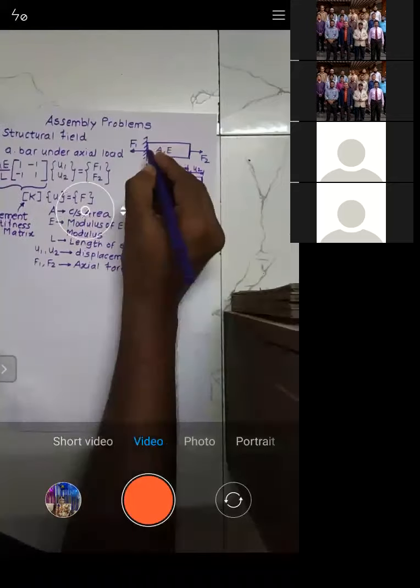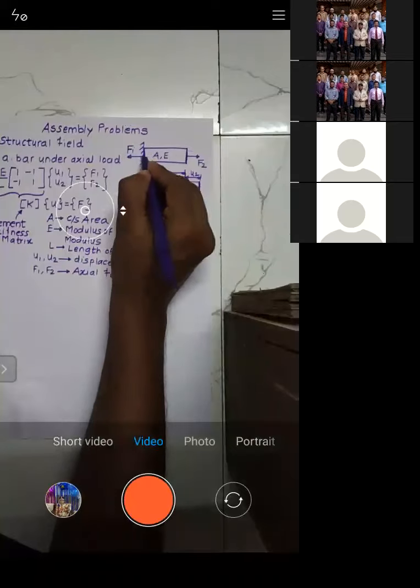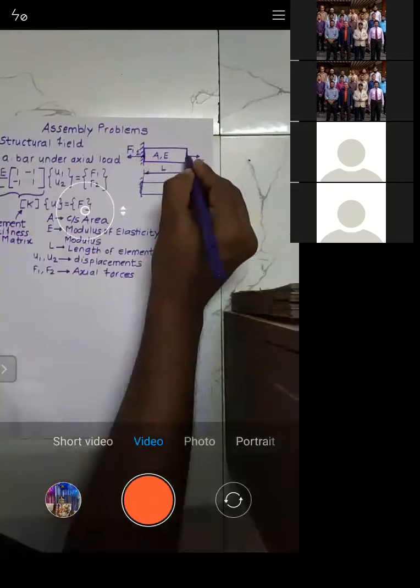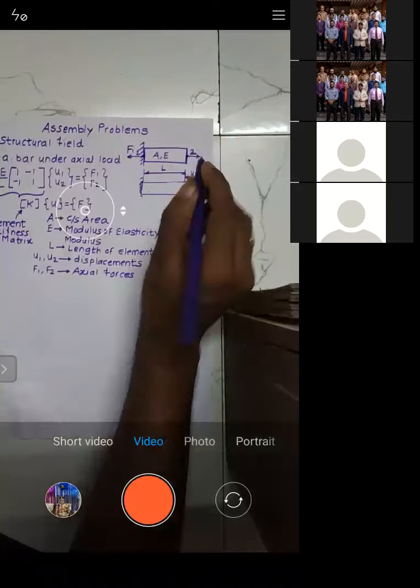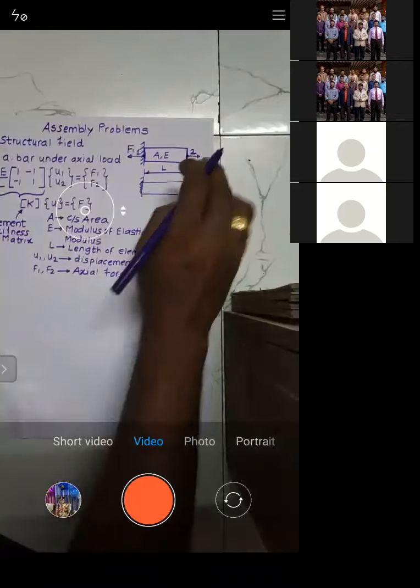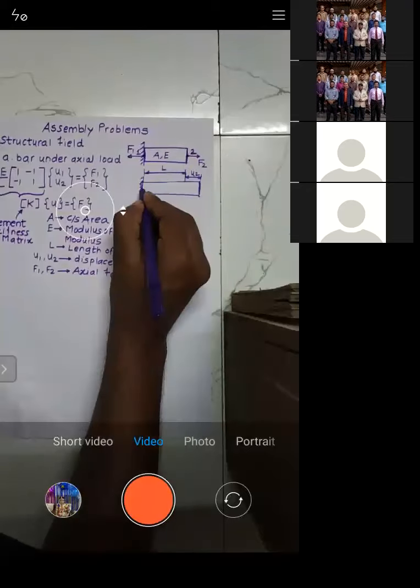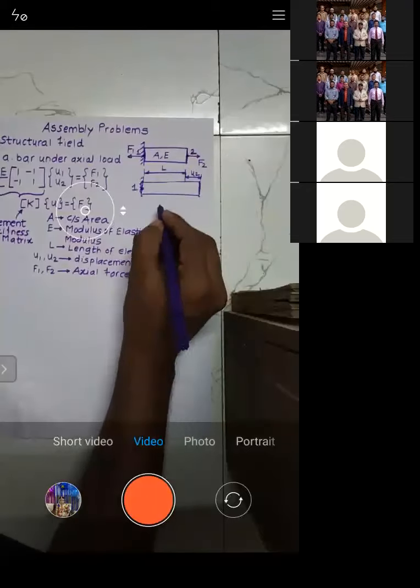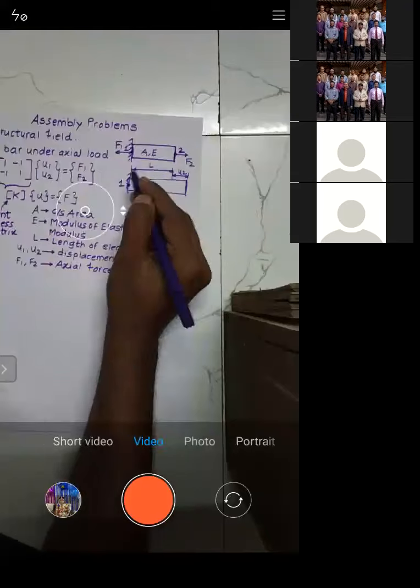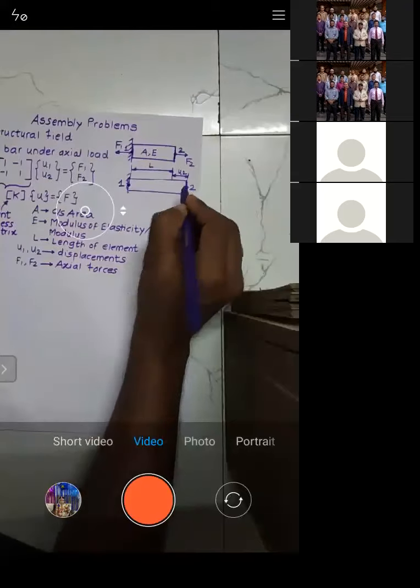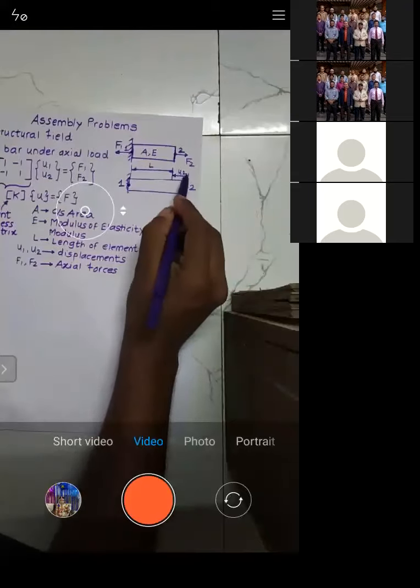Let me clear. If I call this fixed point 1, and if I call this point 2, what happens when you apply force F2? The point 1 will remain at its location only. What happened with the point 2? The point 2 got shifted to a new position by the distance U2 from its previous position, right?